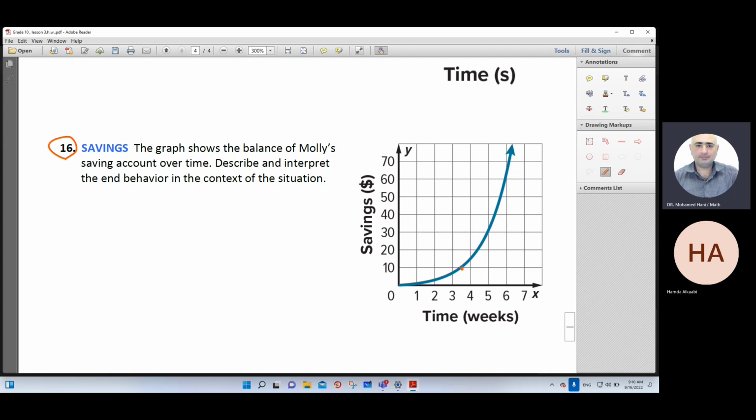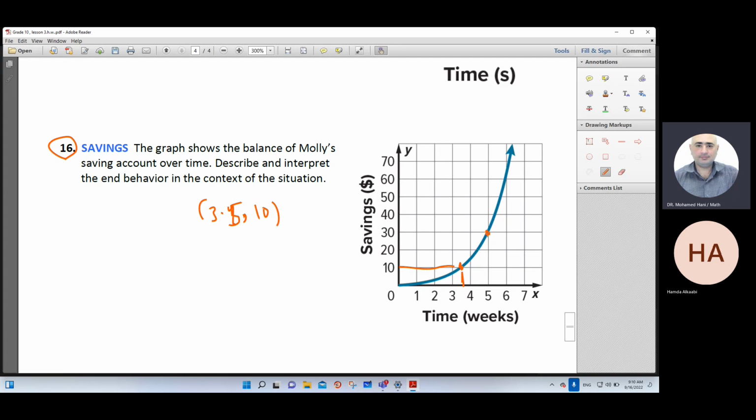So listen, if you take this point, this is in the X 4, and in the Y 10. Take another point.